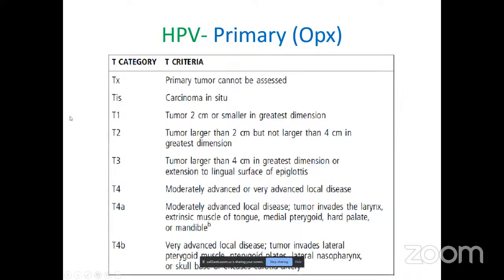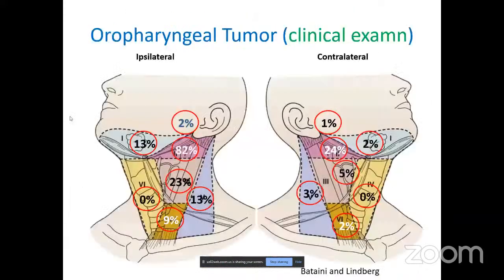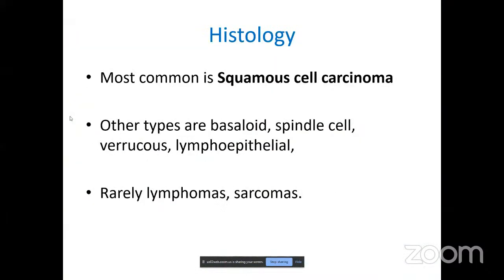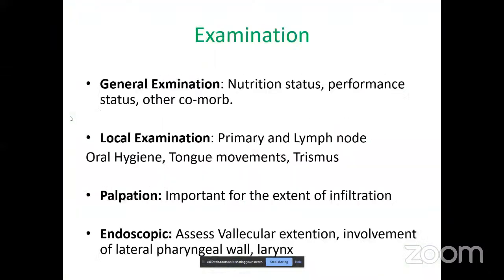Usually these patients come to us with complaints, and mostly we see squamous carcinoma. Once we see the patient, it's most important for us to do a proper clinical examination, because the clinical image is probably the best image among all the images that we have.